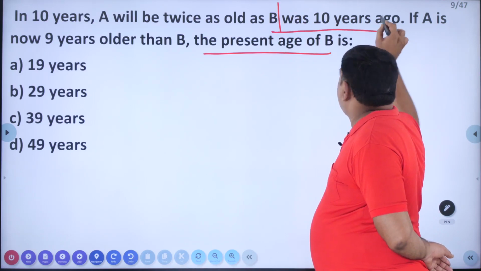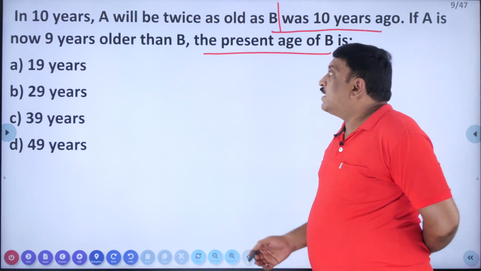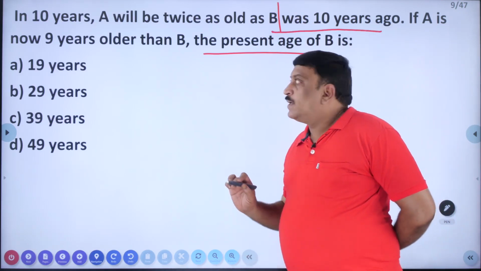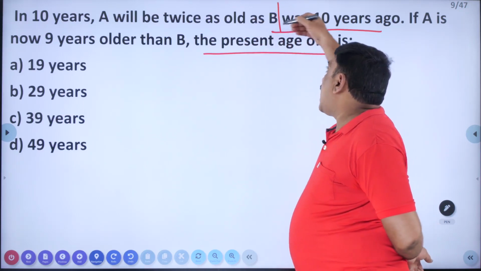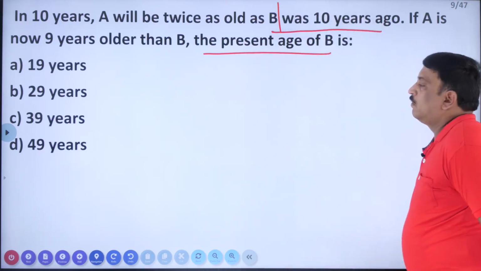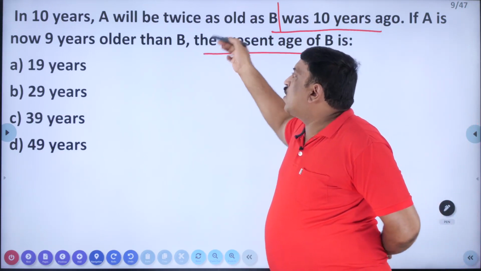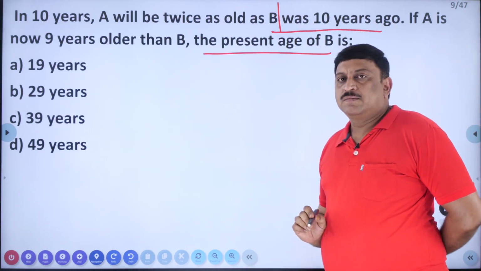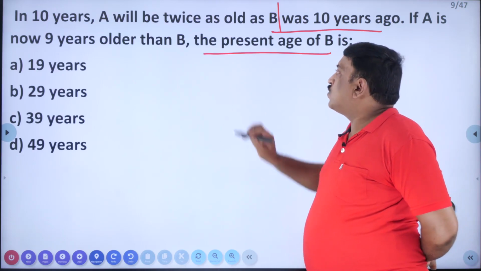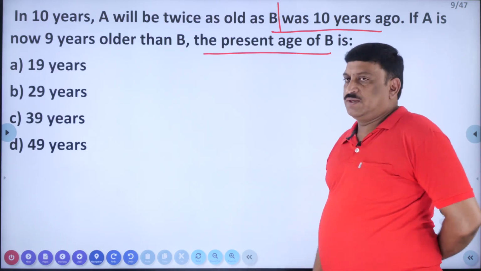B was 10 years ago, they are saying. That means in 10 years, A will be twice as old as B was 10 years ago. Typical case. If A is now 9 years older than B, the present age of B was.